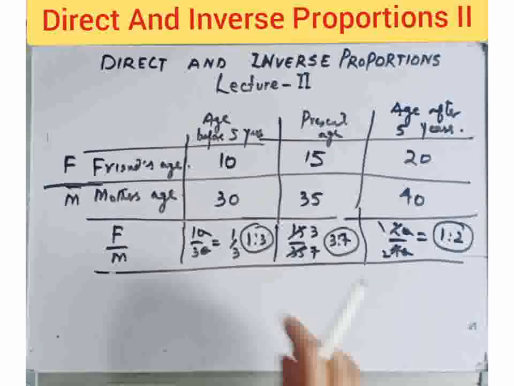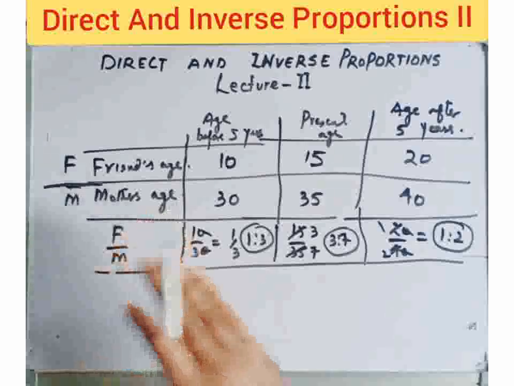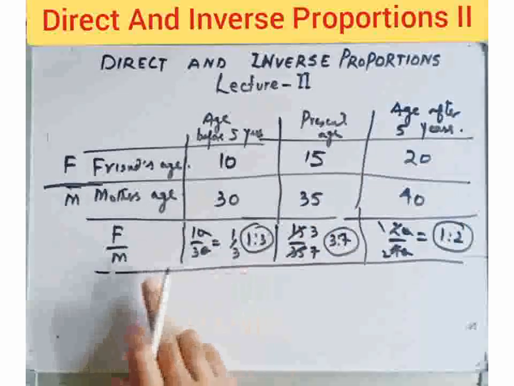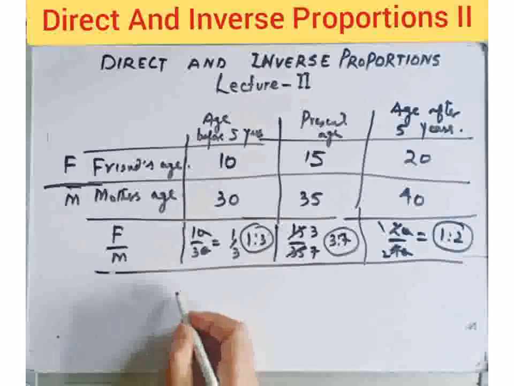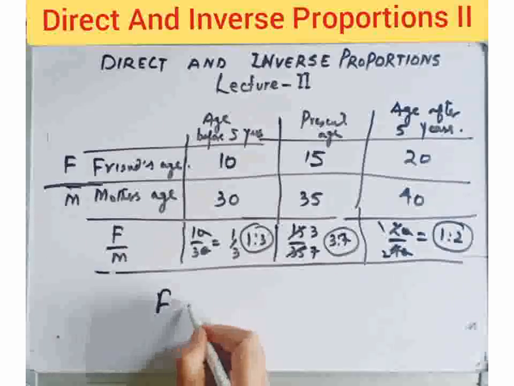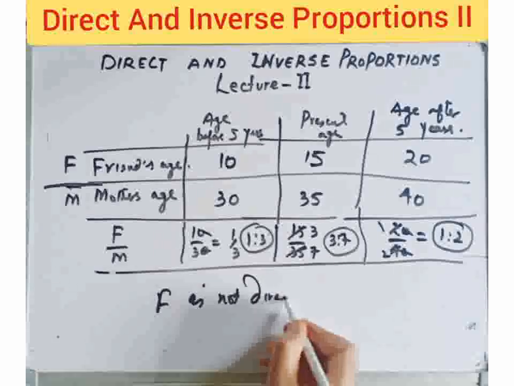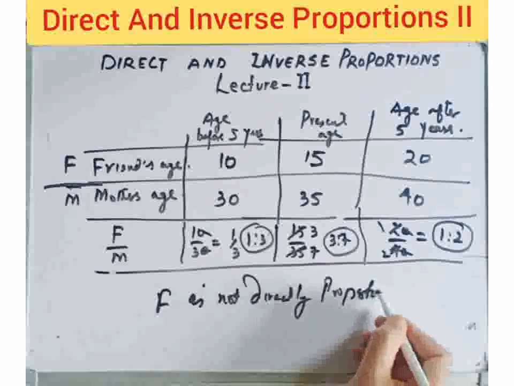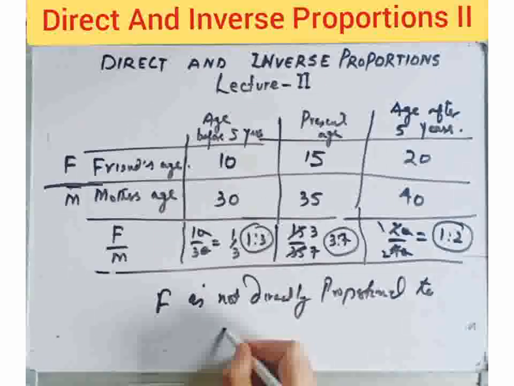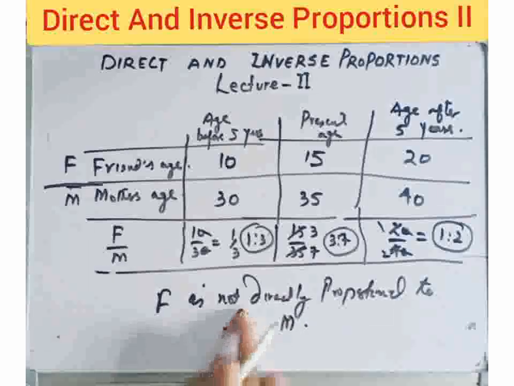Although both the parameters, friend's age and mother's age, show an increase, their ratio is not the same. We can say that friend's age is not directly proportional to his mother's age, M, right?